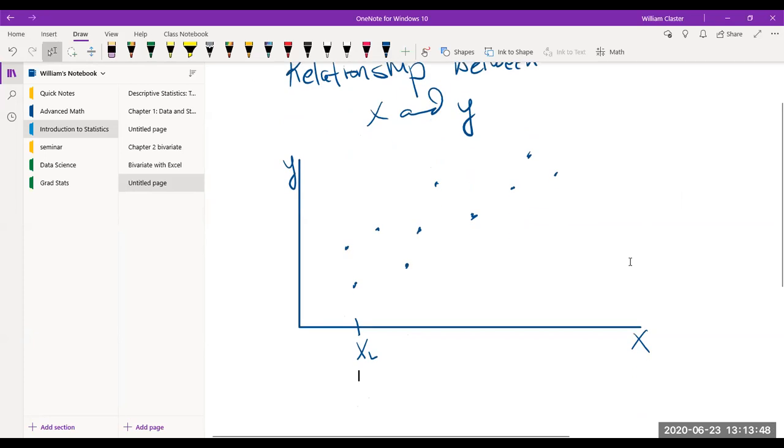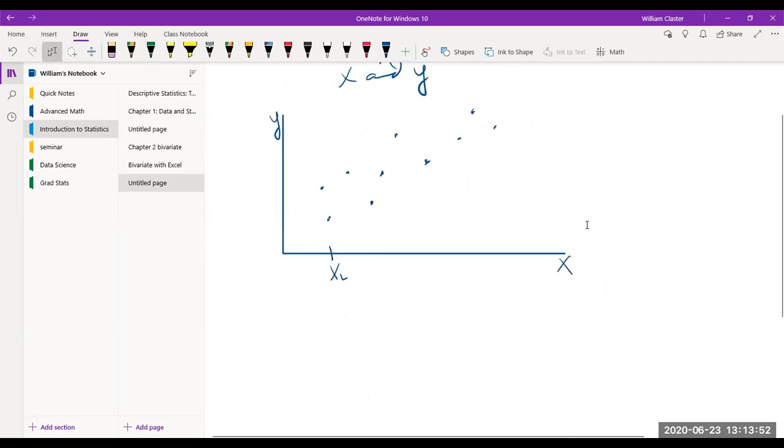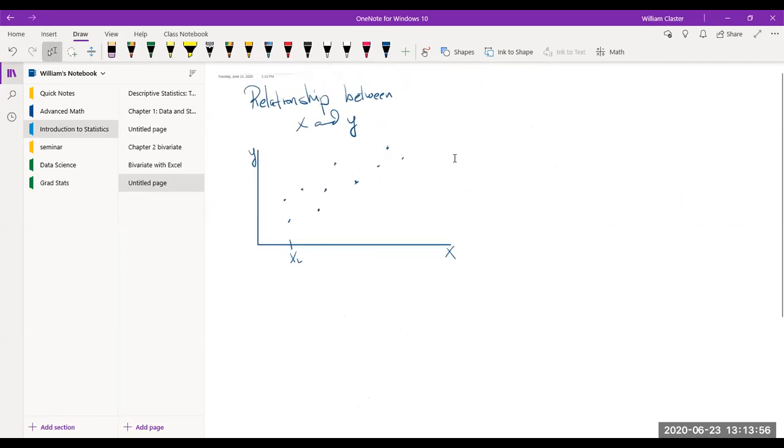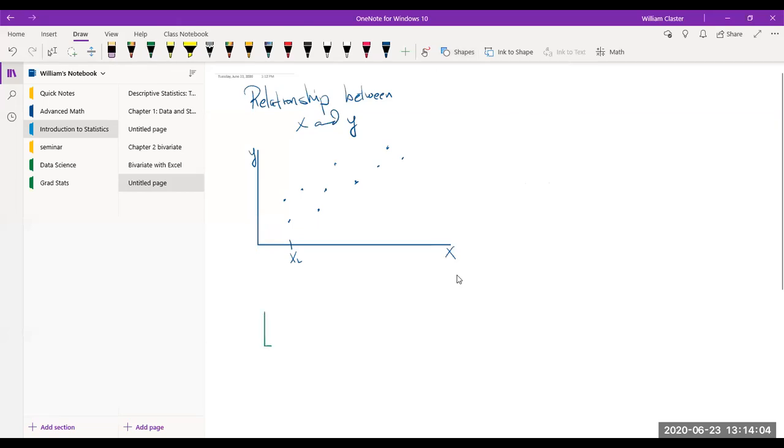Okay, so we can think about this diagram compared to, let's say, this one. Let's try this one. It looks like this.